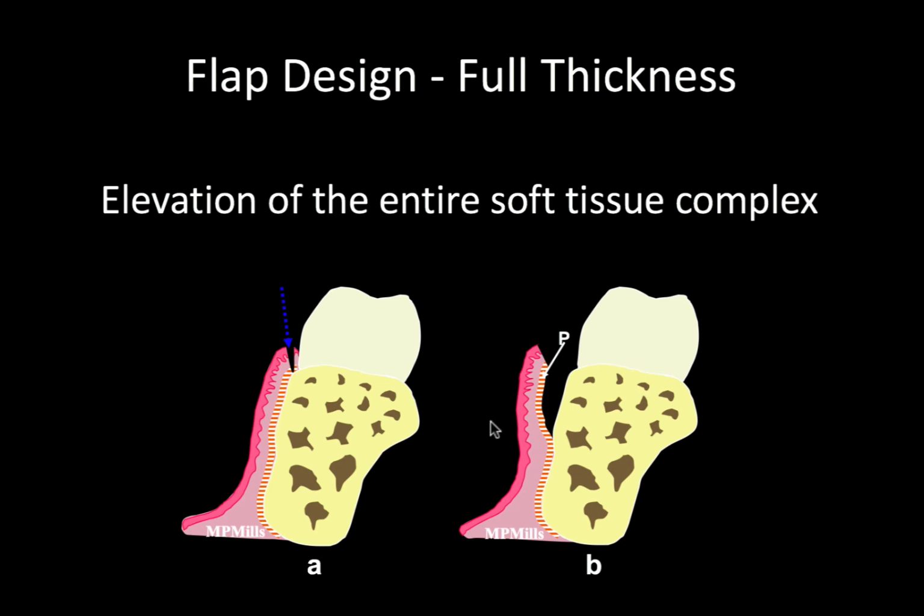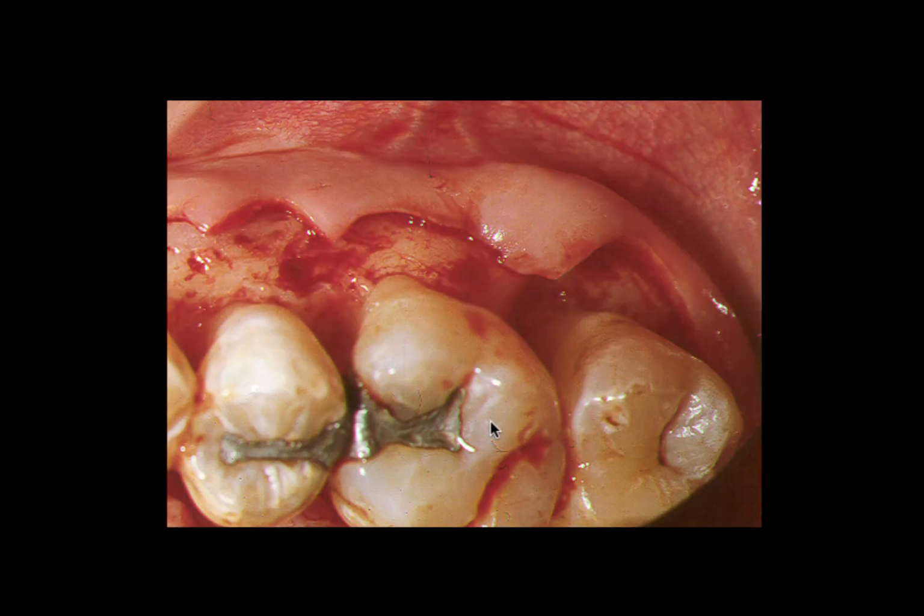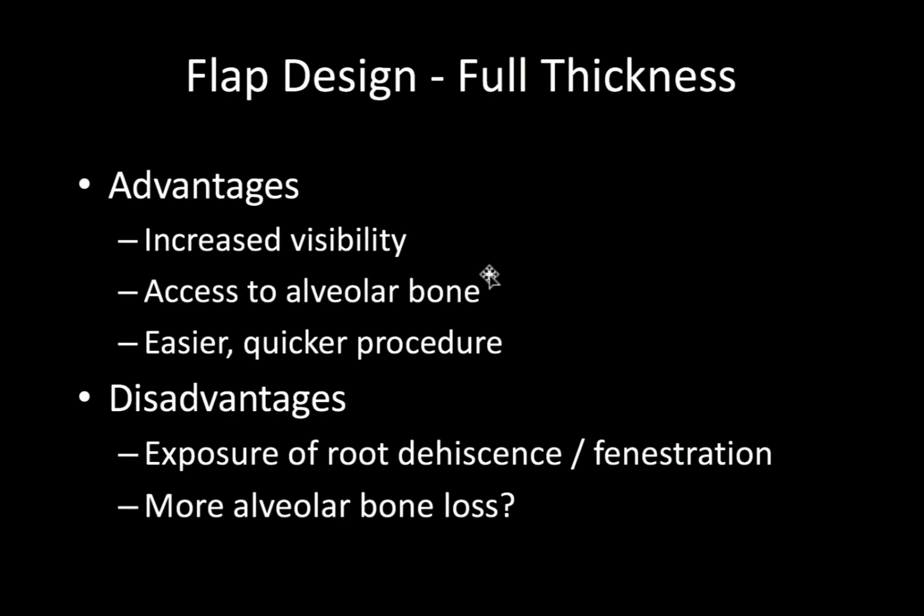Clinically, it appears like this. Here you can see where a sulcular incision was done on the facial, a full thickness flap was reflected, thereby exposing the alveolar bone. Now, a full thickness flap has many advantages.